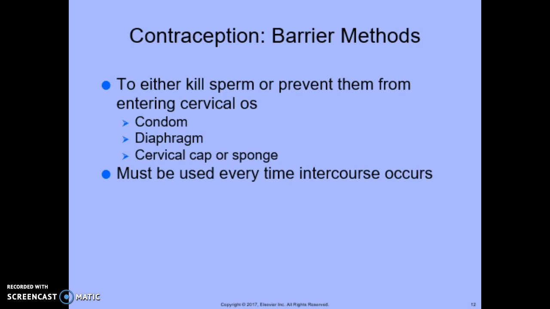The cervical cap is a thimble-sized domed barrier device that fits over the end of the cervix, so it protects. These methods have varying degrees of effectiveness in preventing pregnancy, and you can look at table 17.1 to see commonly used contraceptive models or methods.